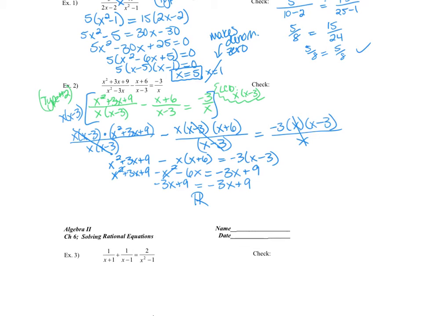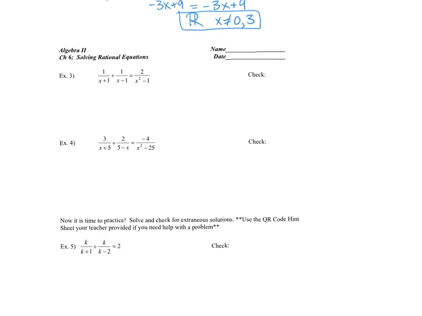So if I look in the denominator, x cannot be 0, and x can also not be 3. Okay, so those are extraneous solutions. So every real number will work in this except for when x is 0 or 3. So let's move on to the third example.